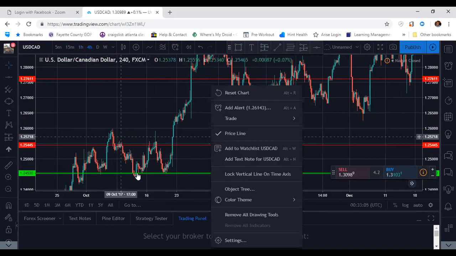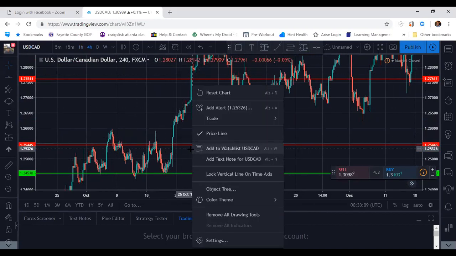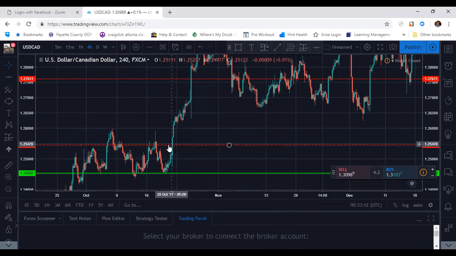Okay, so that would be a double bottom. And really you would get in after it breaks the top over here. You wouldn't get in on the bottom. You'd probably want to wait till it comes above this area, and then you would jump in and catch all this up here. So you want to catch it above the W, and then it would shoot up.